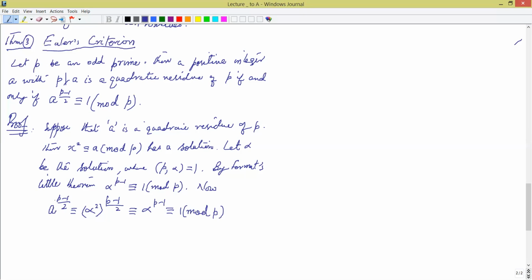So considering the first and the last, this shows that a to the power (p minus 1) by 2 is congruent to 1 modulo p. Now move to the converse part.